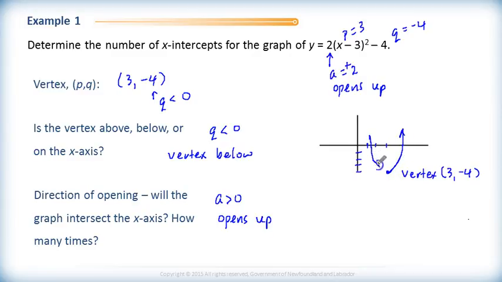So this graph, which I'm only roughly sketching, must have 2 x-intercepts. If that had been a -2 for the a value, the graph would have opened away and there wouldn't have been any x-intercepts.